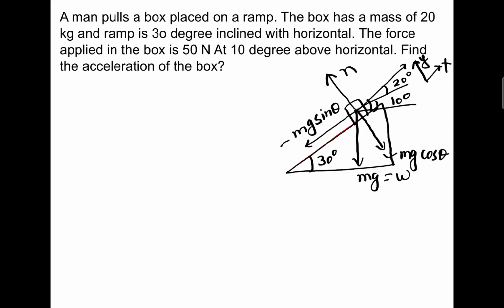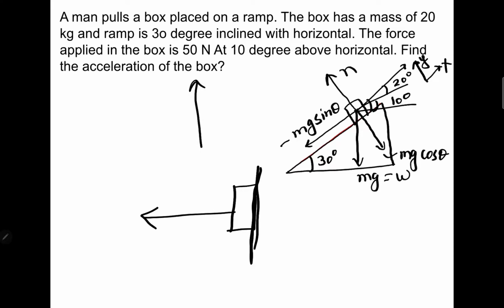We have an inclined plane, a box here, mg acting downward, split into its components. Normal force will be perpendicular, right? Remember one thing, normal force is not just vertical. Normal force is perpendicular to the surface on which you put an object. If you put an object on a vertical surface, normal force could be horizontal.